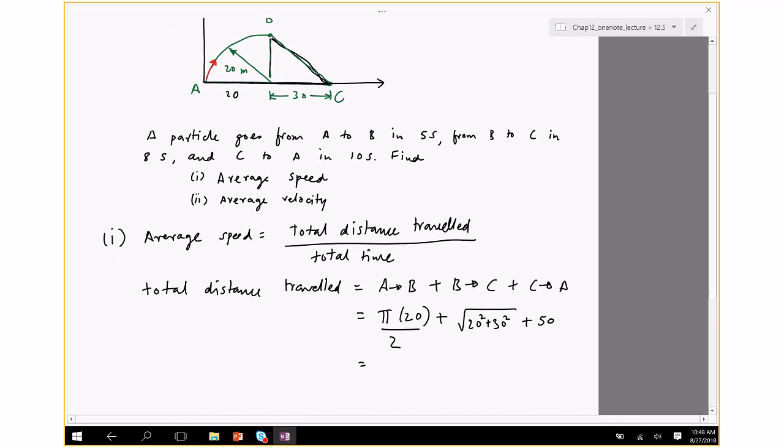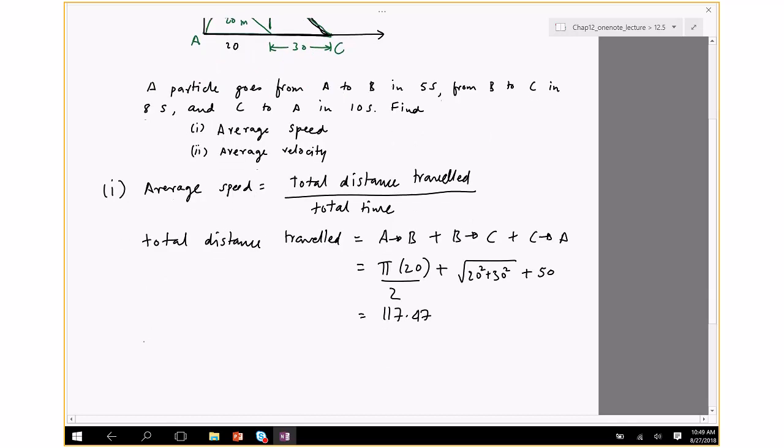So what does that come to? 10 plus... I got 117.47.